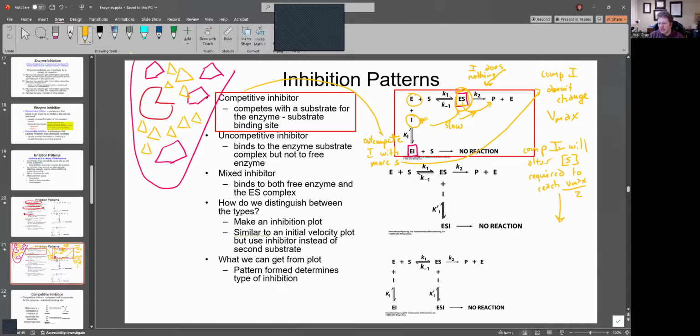In other words, a competitive inhibitor causes the Km to go up. So a competitive inhibitor will cause the Vmax to be unchanged and the Km to go up. Those are your two important points about a competitive inhibitor.